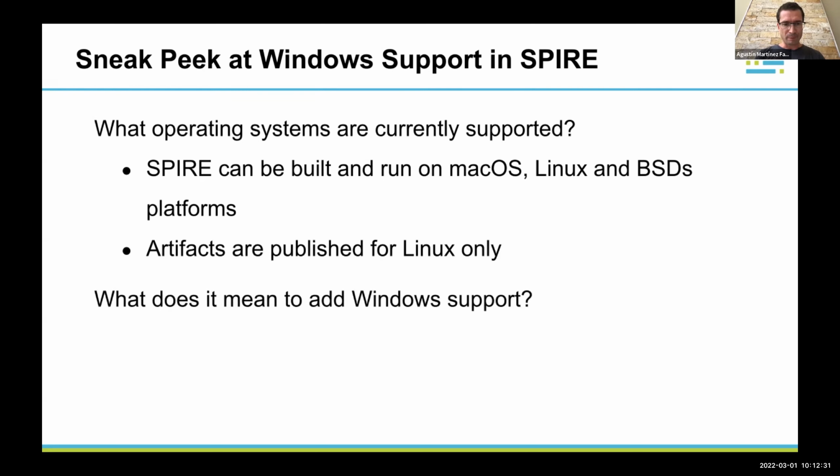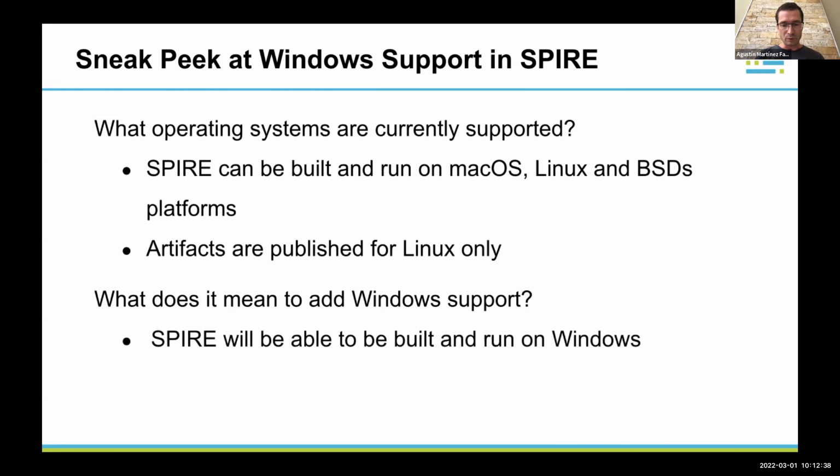And what does it mean to add Windows support? What will happen when we have Windows support is that SPIRE will be able to be built and also run on Windows, and we will also publish a new set of artifacts for Windows when we make a new release.